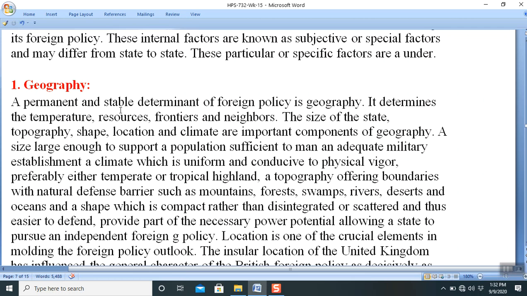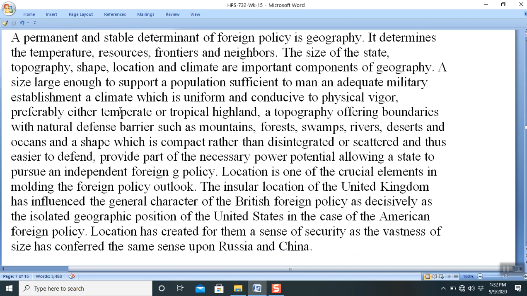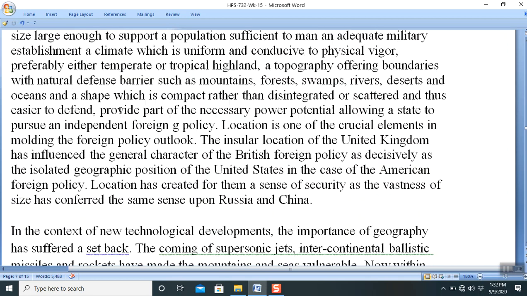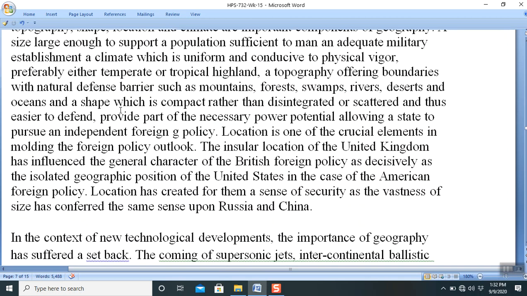Fine. It has the world's highest mountains, forests, swamps, rivers, deserts, ocean, people. Clear? So its geography and topography is very attractive. And it is also a neighbor of Russia, China, Central Asian states, Arab states.